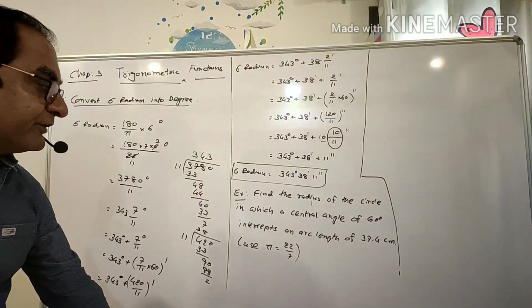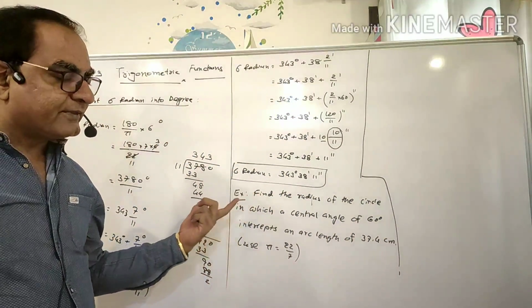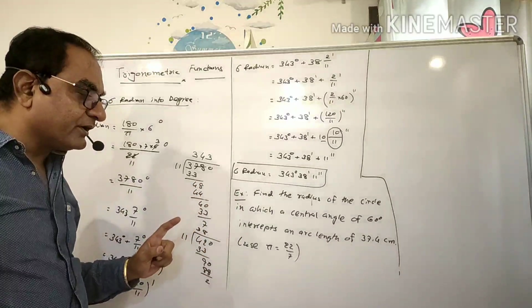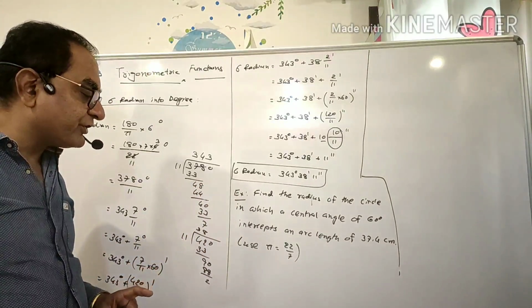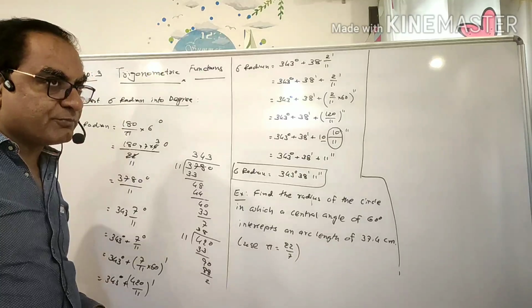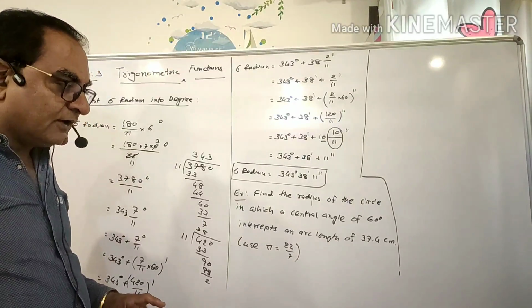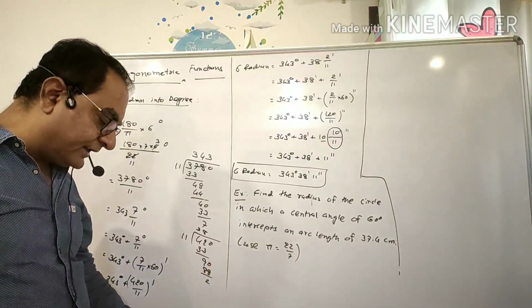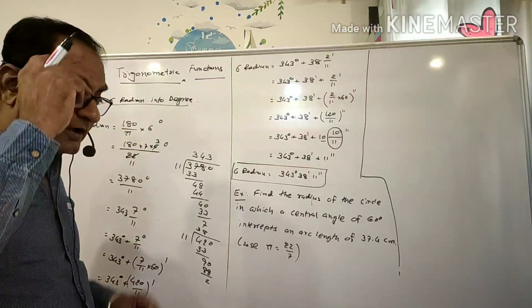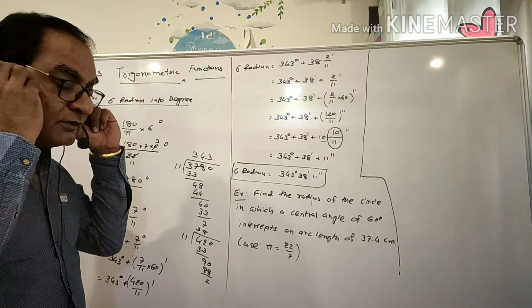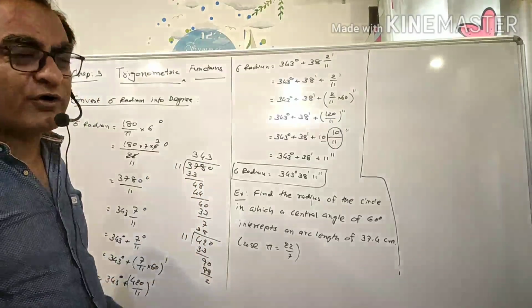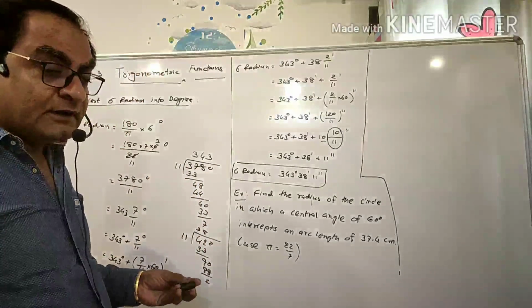Which information is given? They have asked to find the radius of the circle, and a central angle of 60 degrees intercepts an arc length of 37.4. That means a circle, the angle subtended at the center, and the arc length are given. So we will draw a diagram.